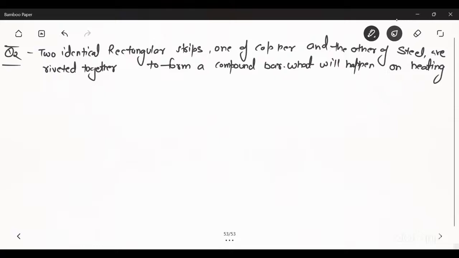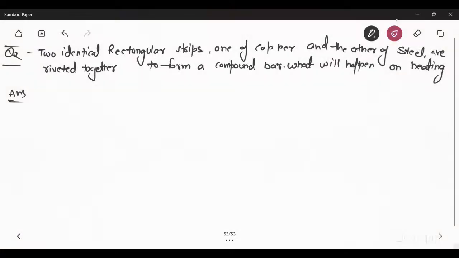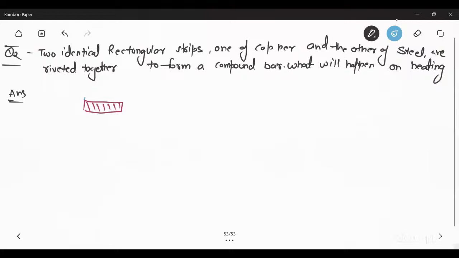So the answer to this question: one bar is of copper and one is of steel. This is the bar of copper and this is the bar of steel.